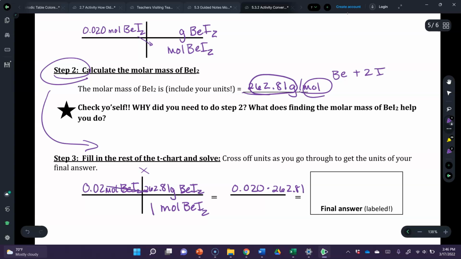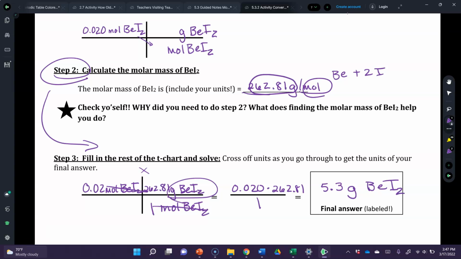And then the bottom, the units cancel, so I only have a 1 on the bottom. And multiplying those numbers, we end up with 5.3, or just 5. And the leftover units are grams of beryllium iodide.